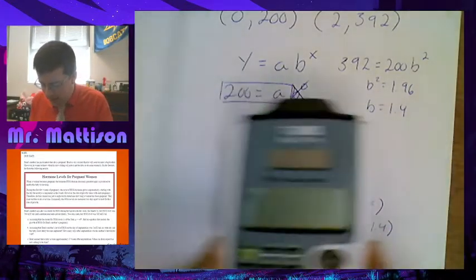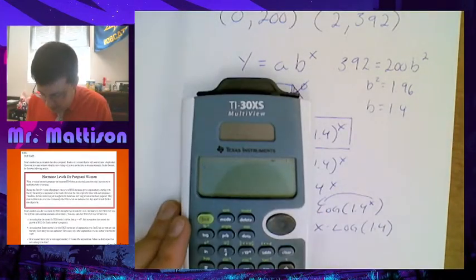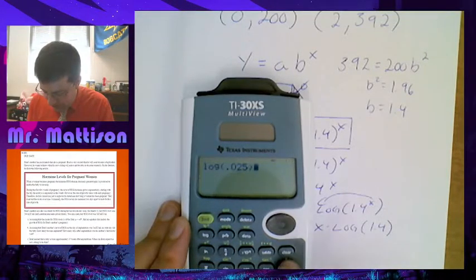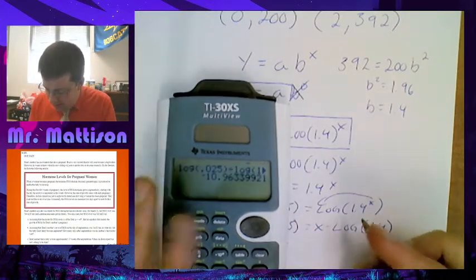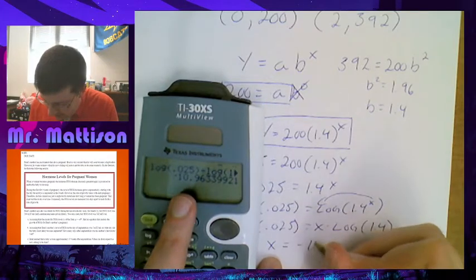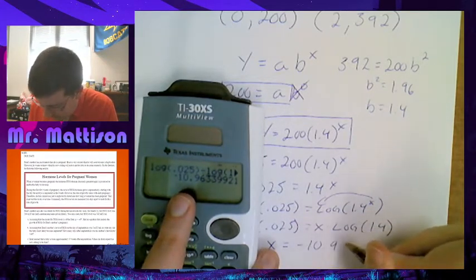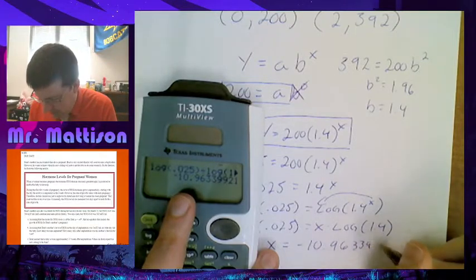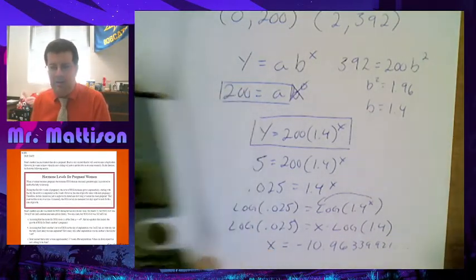Divide both sides by that log of 1.4, and I get the log of 0.025 divided by the log of 1.4, and I get x is negative 10.96339921, etc. Right?